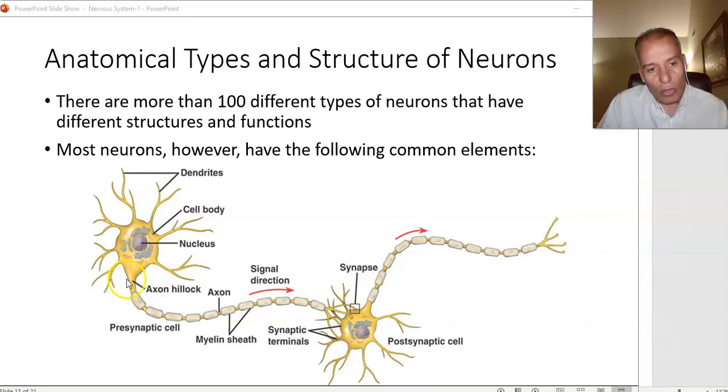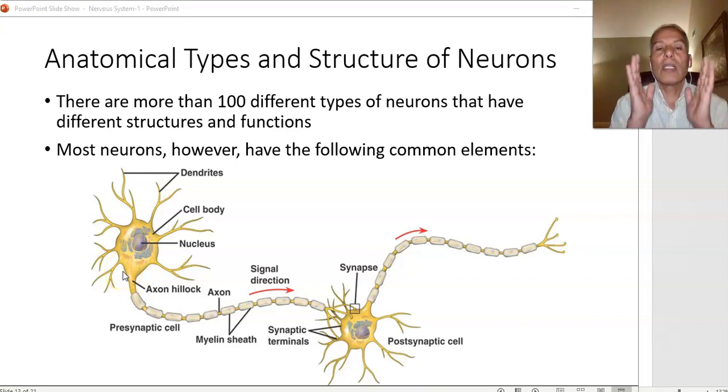There's a little triangle at the end of the cell body. That triangle is an extremely important part of the neuron. It is called the axon hillock. The axon hillock is the site that processes signals that are coming into the neuron.